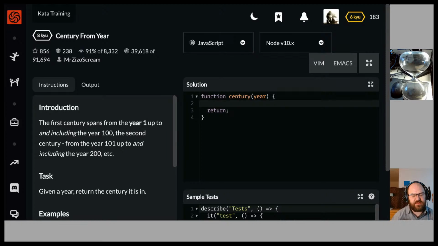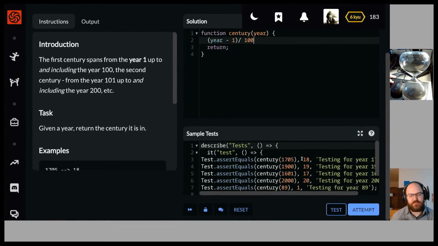I think if I take year minus 1, then all of a sudden we have 0 up to 99 being 100. Divide by 100. Return year minus 1 divided by 100.